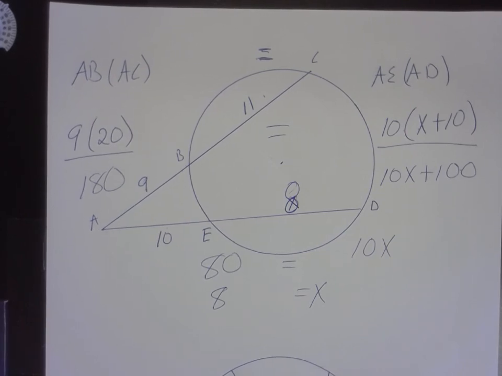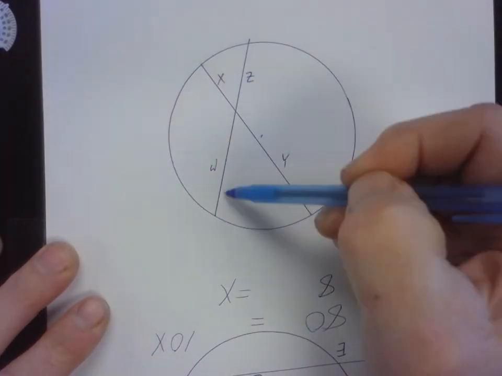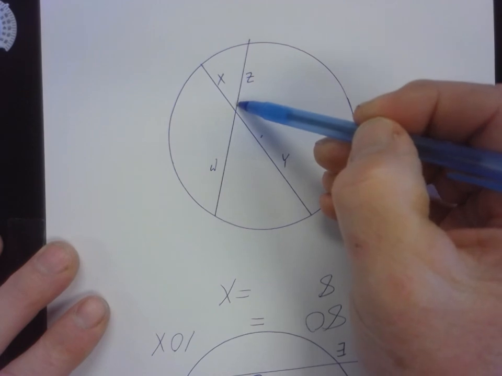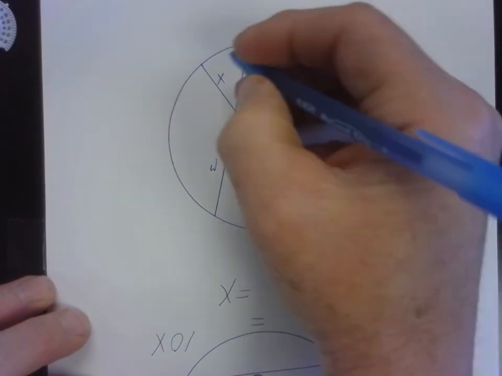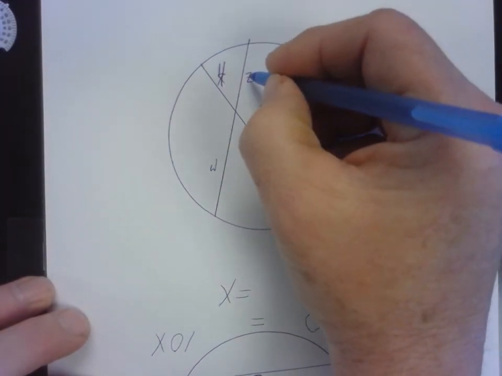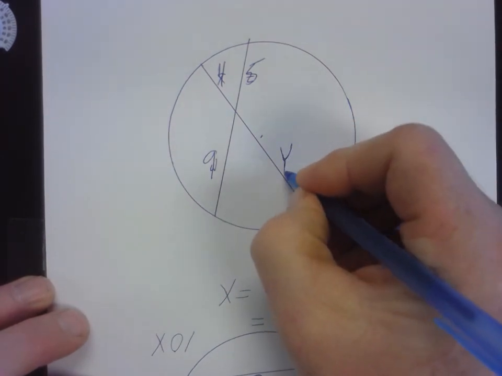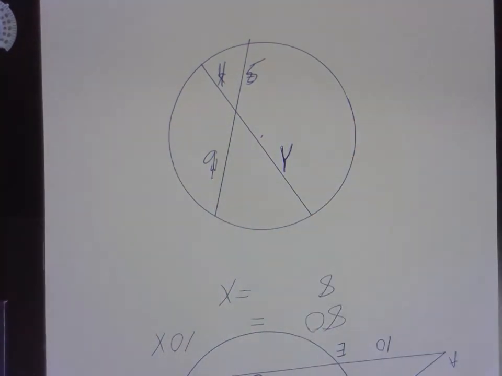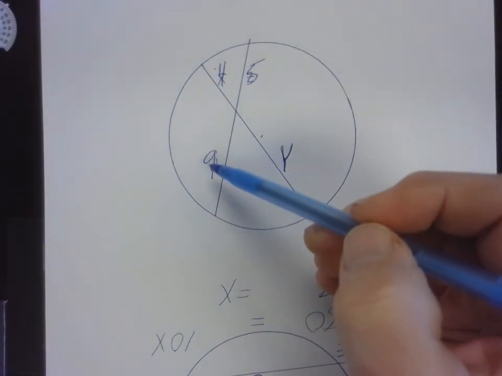So you have the segments of chords theorem. That's when two chords intersect. And since they're chords, they have to intersect on the interior of the circle. Okay? So this would be something like this one's 4, this one's 5, this one's 9, and this one's y. Could you guys find y in that case? Y times 4 has got to equal 9 times 5, doesn't it?